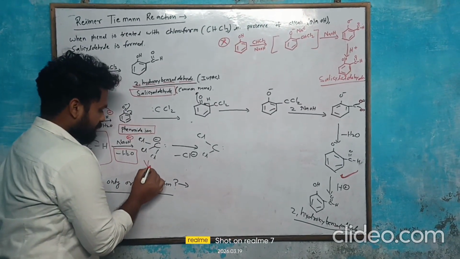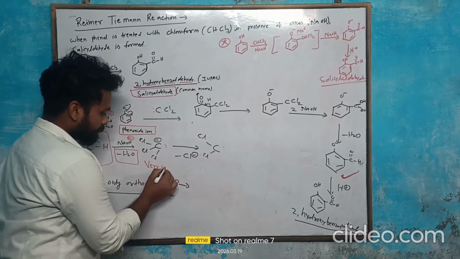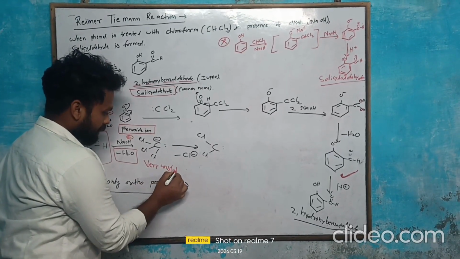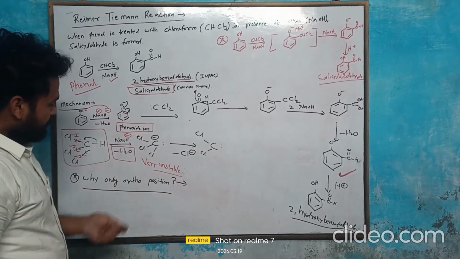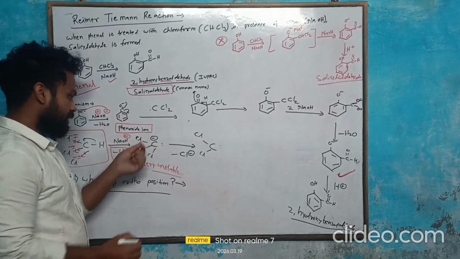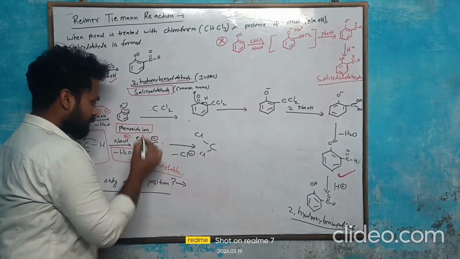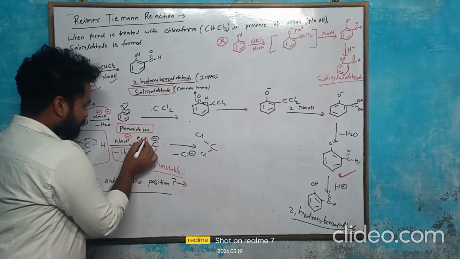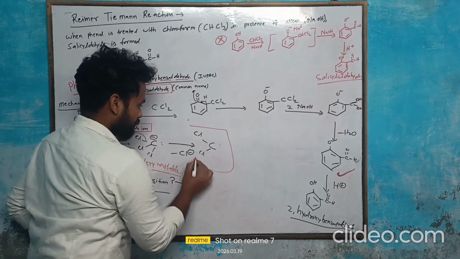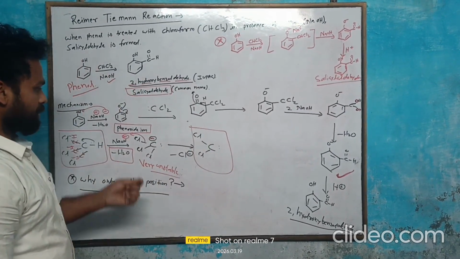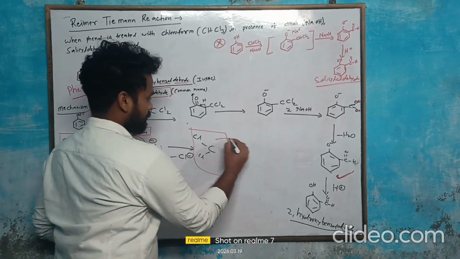This is very unstable. Why is this unstable? Because carbon is not that electronegative and its size is smaller, and there is a negative charge on it. That's why one chlorine will be removed from this, and there will be formation of an intermediate. This is very important.